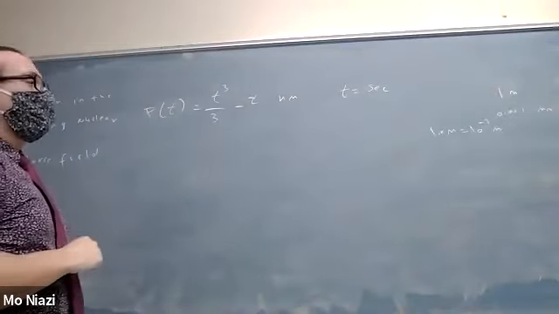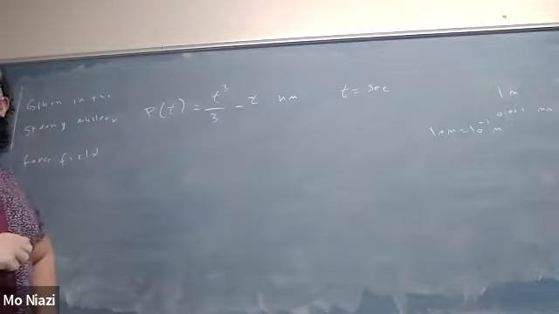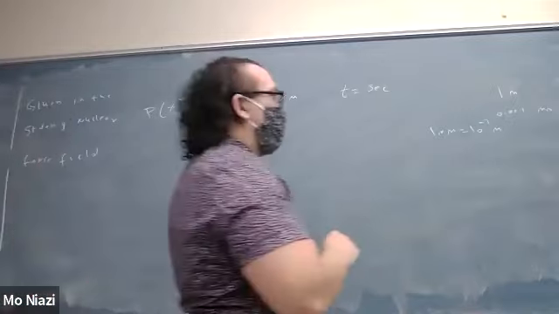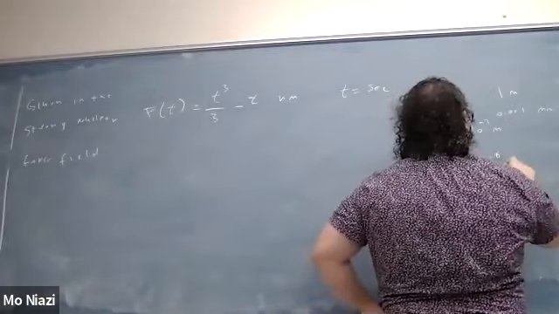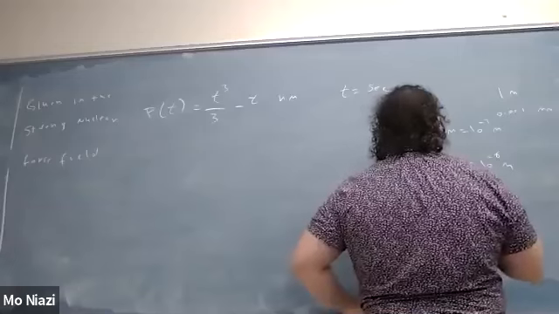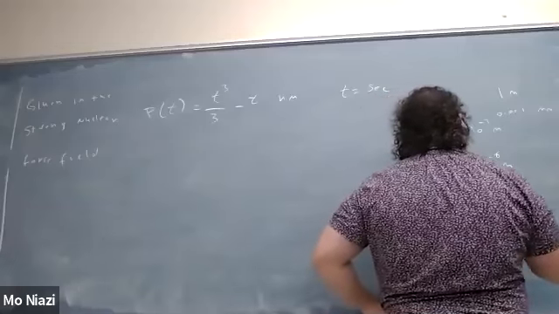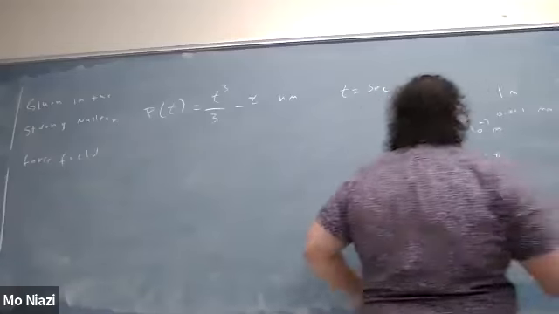Next comes 1 micrometer, which is 10 to the negative 6 meters. And then it becomes 1 nanometer. This is 10 to the negative 9 meters.